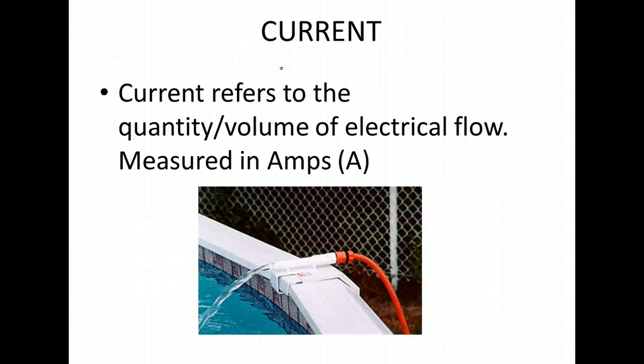Right. Current refers to the quantity or volume of an electrical flow. What is the unit for current? I've asked you this, but we'll review. Ooh, what is it? Yeah, the symbol is I, right, in our formulas. Coulombs per second, yeah, but how do we simplify that?